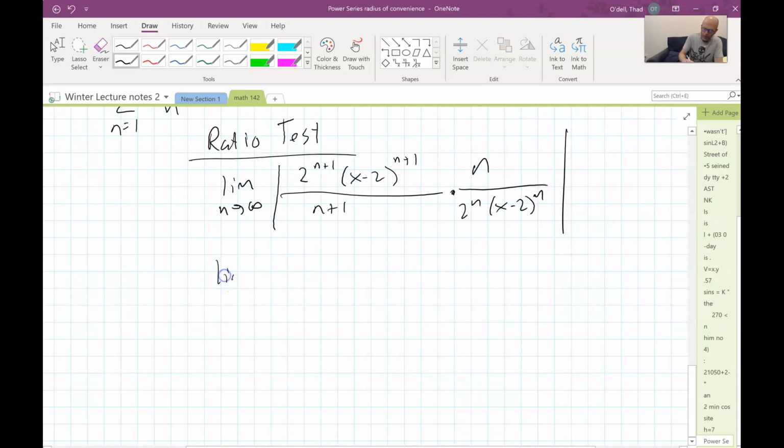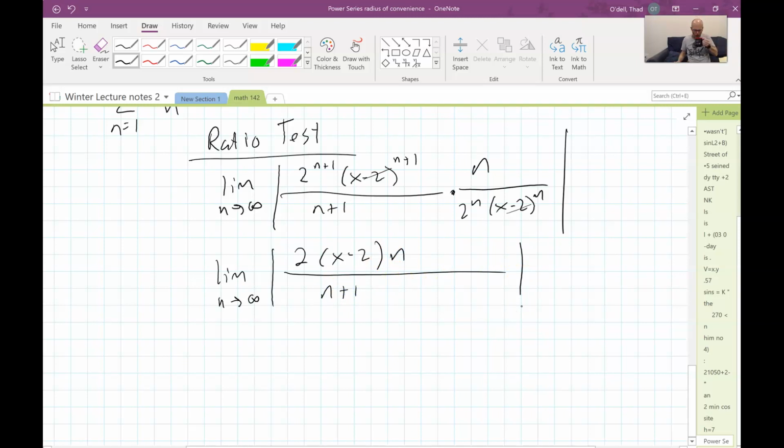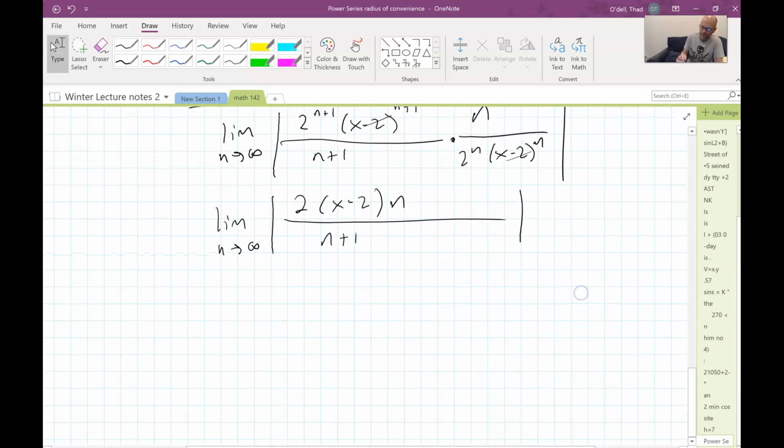We're going to go limit as n approaches infinity of, now the 2 to the n and the 2 to the n plus 1 cancel, leaving just a 2. These guys cancel, leaving just an x minus 2. And the n and the n plus 1 do not cancel at all. So we're going to pull out the stuff that we can. So let's say we got 2 times x minus 2. This time I took the 2 out.